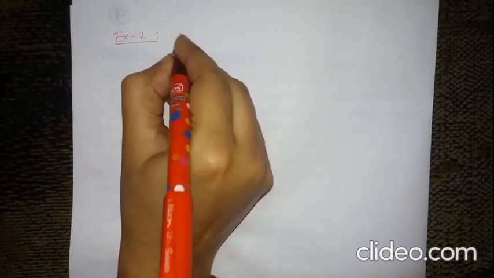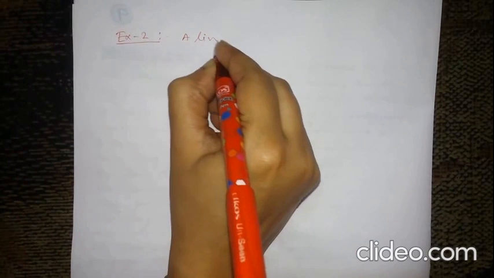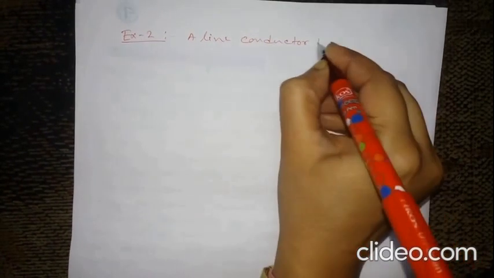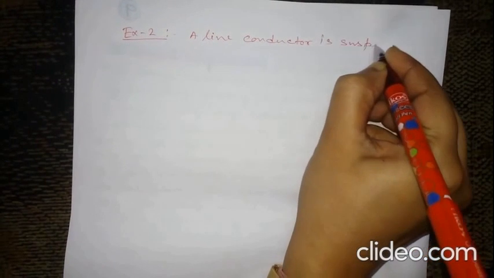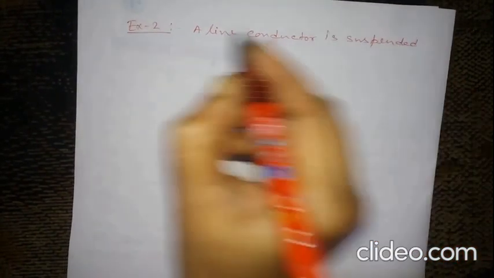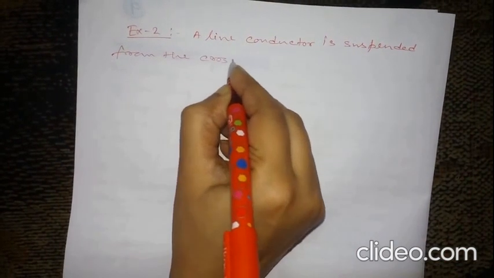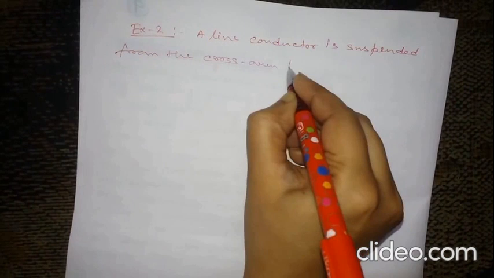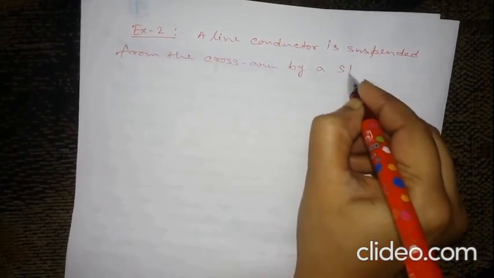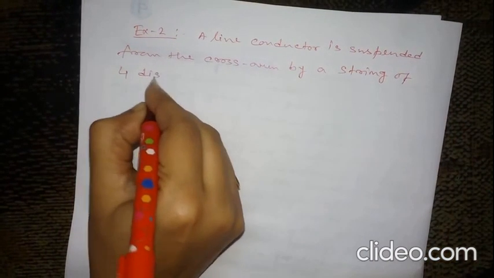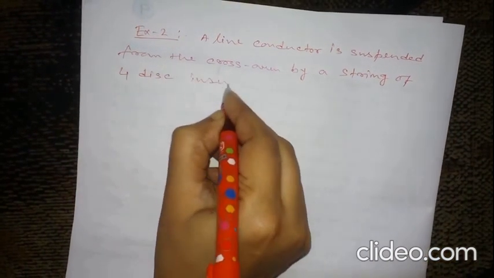Now I will put a question here. A line conductor is suspended from the cross arm by a string of 4 disc insulators.